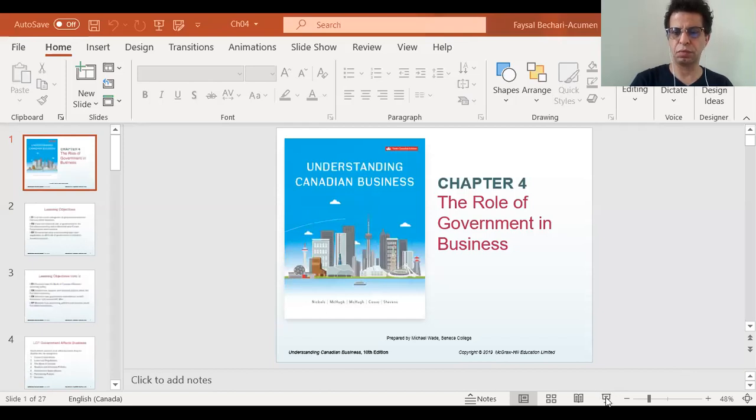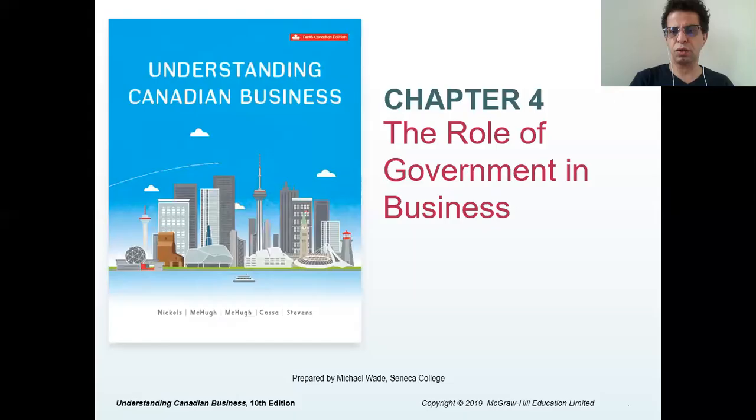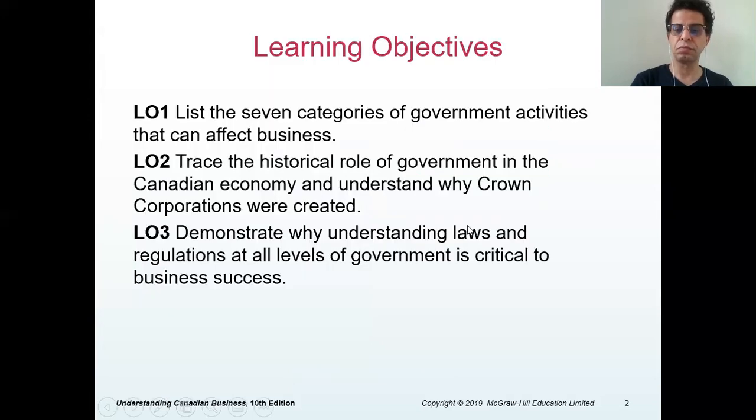Okay, in this chapter we're going to talk mostly about the role of the government, and the role of the Canadian government in business in general. The learning objective here is to list the 7 categories of government activities that can affect business.